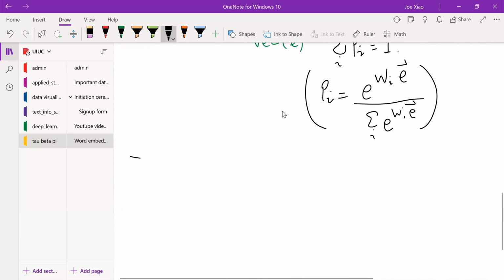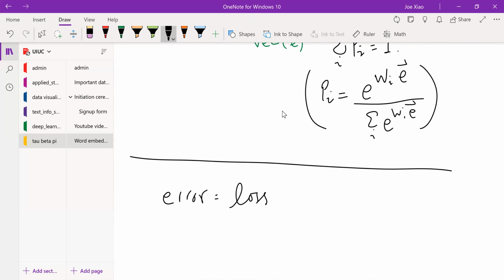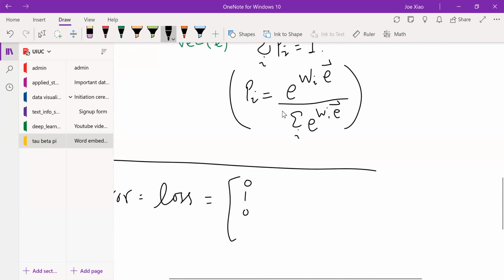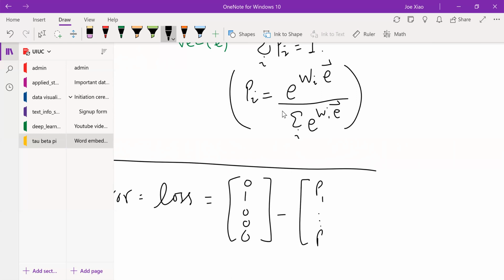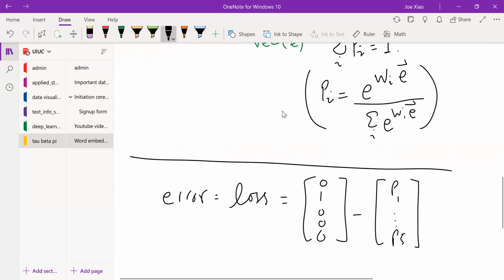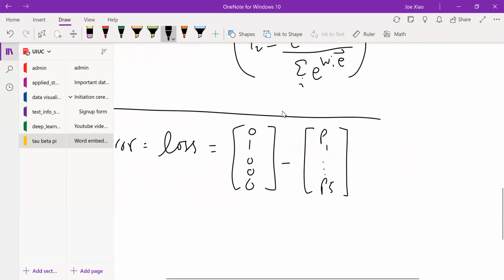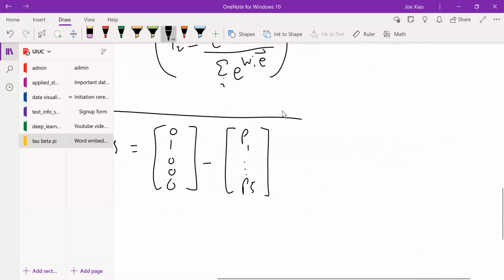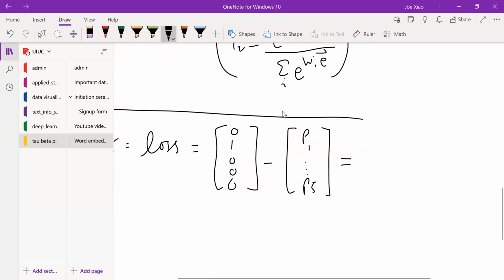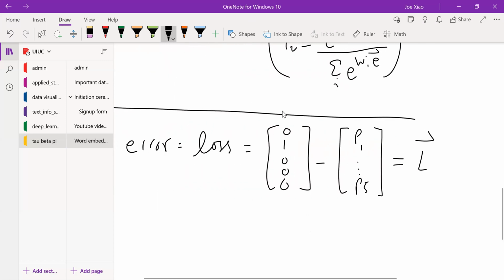something called the error, or it's also called the loss, which is the ground truth minus the output, which is a vector of probabilities. Let's just call this a loss vector.